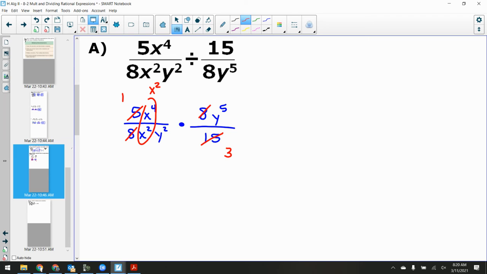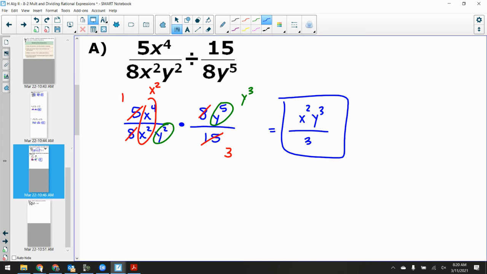I also see that the y's will cross cancel here and here, becoming a y to the 3rd in the numerator. You all see that? Yeah. And now we multiply straight across on top. On the top, I've got 1 x squared y to the 3rd. And on the bottom, I've got 3. There's my answer.